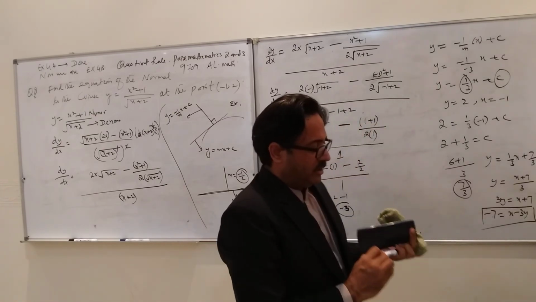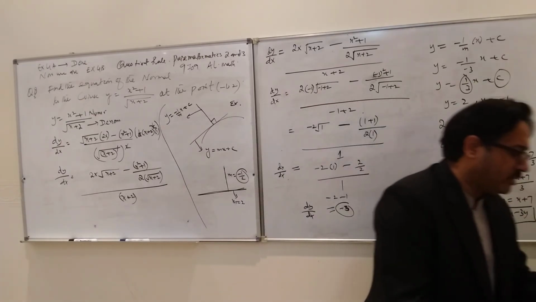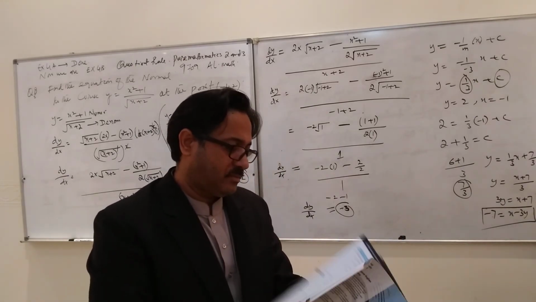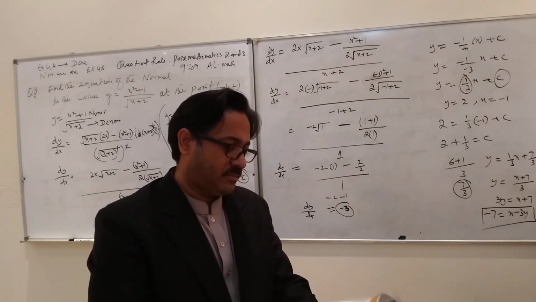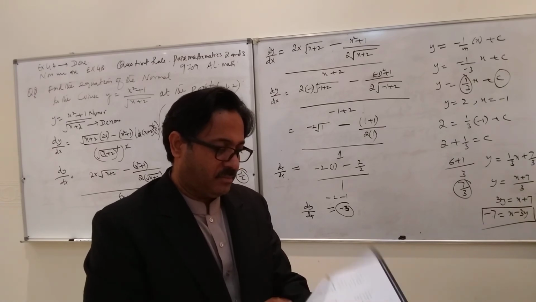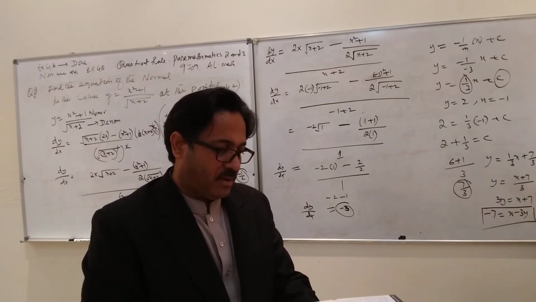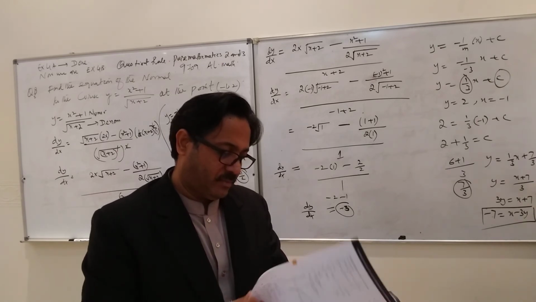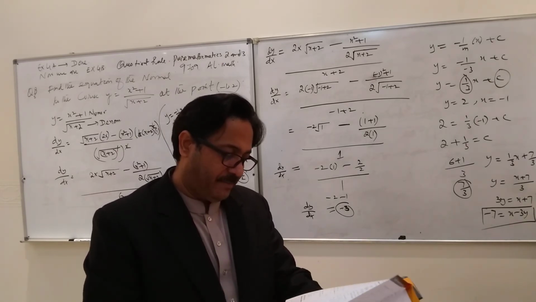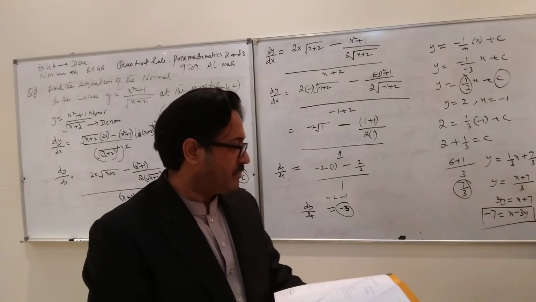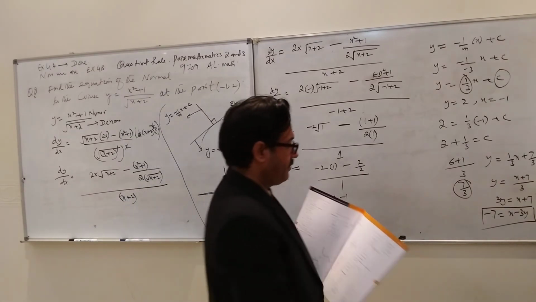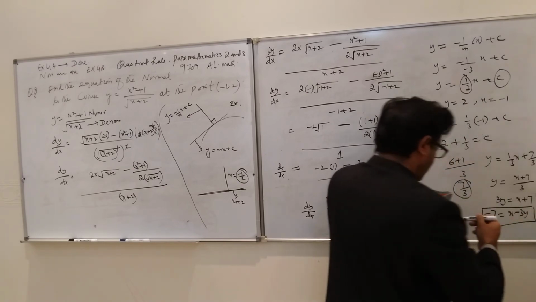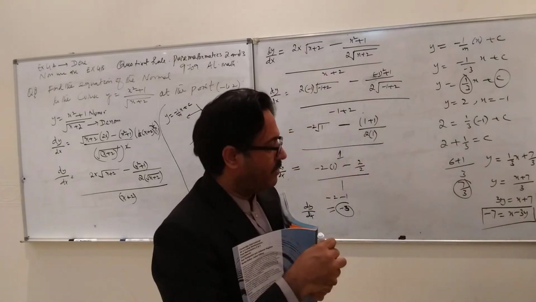Here we go. Let me check the answer in the book. Exercise 4b, question number 8. Okay, they wrote this form. In the book they have given you this form, and I wrote in that form.